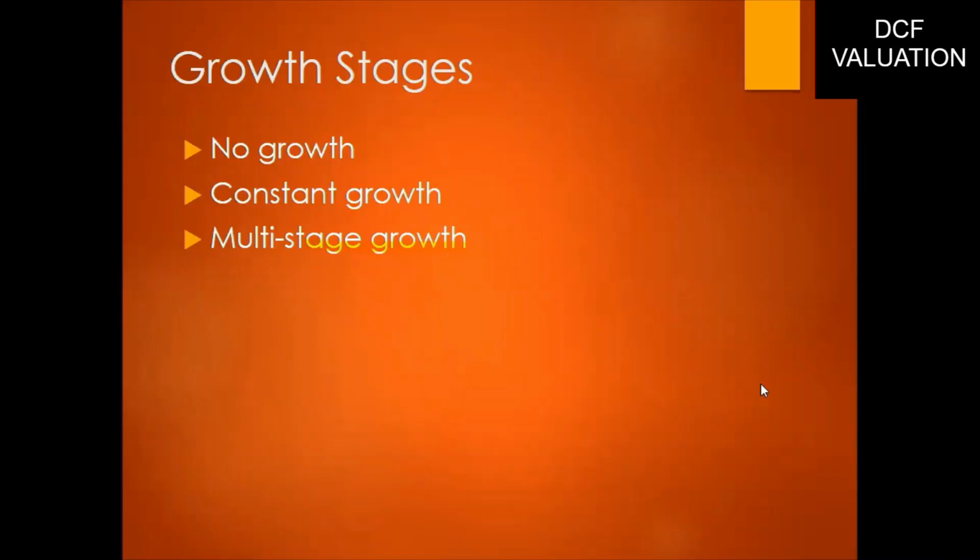But the subsequent stages, say the second stage or even a third stage, or even more than 3 for some of you, those subsequent stages are usually constant growth models, okay, with growth rates that vary from one stage to the next. And the most popular of these multi-stage growth models are the 2-stage and the 3-stage growth models.